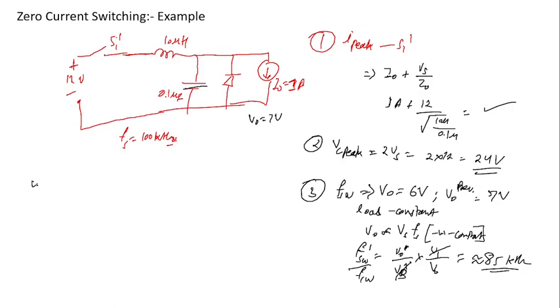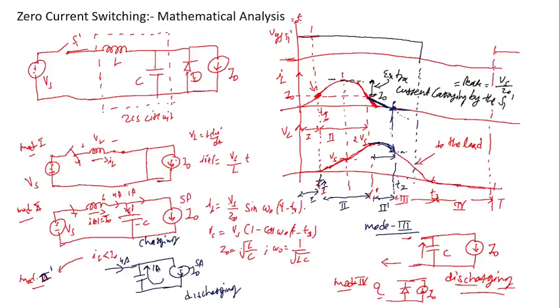Now the next question: what is the maximum frequency we can apply to this circuit? I have not mentioned here what will happen if this T3 becomes equal to this T, in terms of the capacitor charging and discharging phenomena happening here.